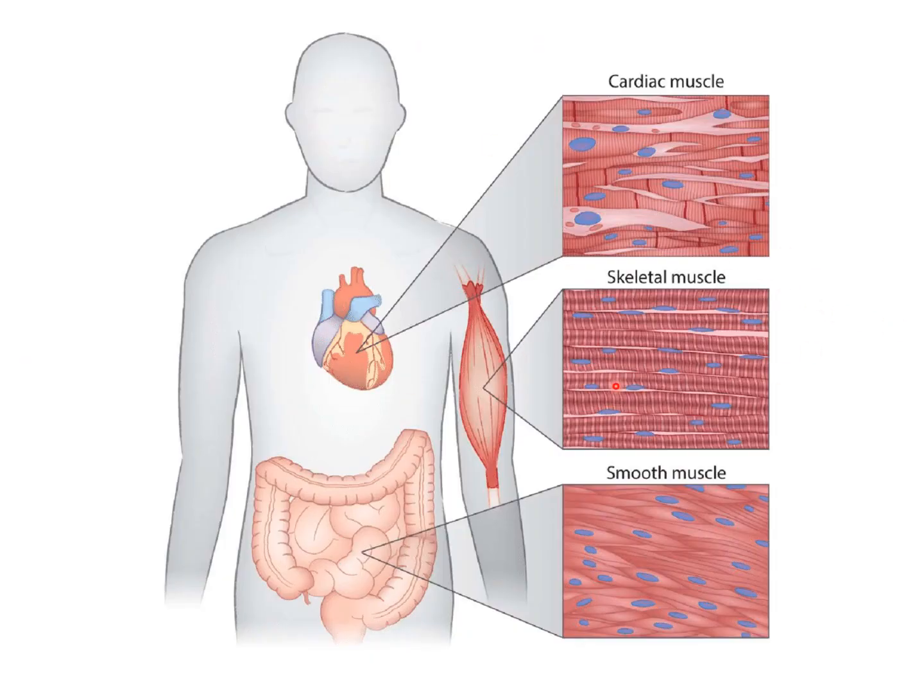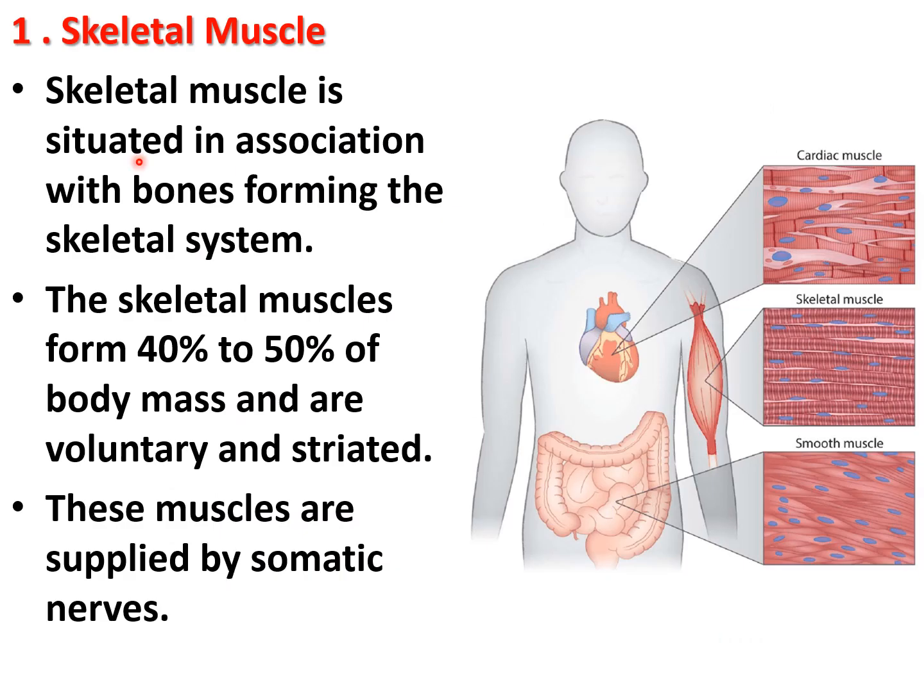So this is a figure of cardiac muscle, skeletal muscle and smooth muscle. Skeletal muscle is situated in association with the bones, forming the skeletal system. Skeletal muscles form about 40 to 50% of the body mass and are voluntary and striated.